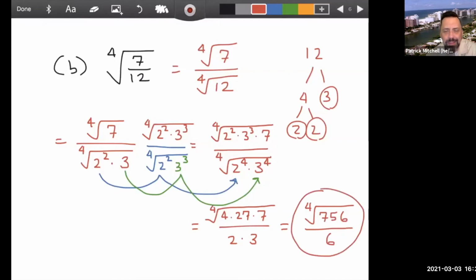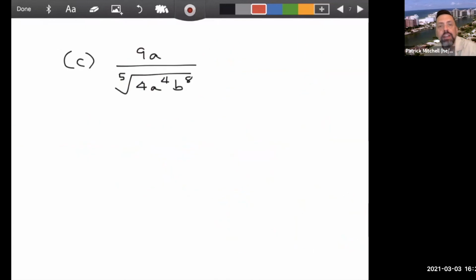All right, that was a little bit of a workout. All right, finally, we have 9a over the 5th root of 4a to the 4th, b to the 8th. So the first thing I noticed about this one is that 5th root can be simplified. How do I know that?